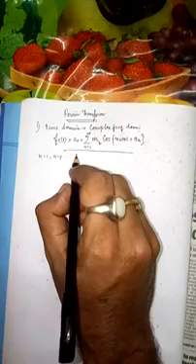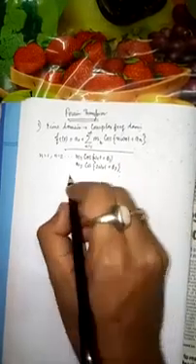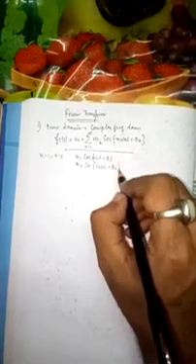For n equals 1 you get M1 cos(omega 0 t plus phi 1), for n equals 2 you get M2 cos(2 omega 0 t plus phi 2), like this. Up to n going to infinity, all of these are called harmonics.